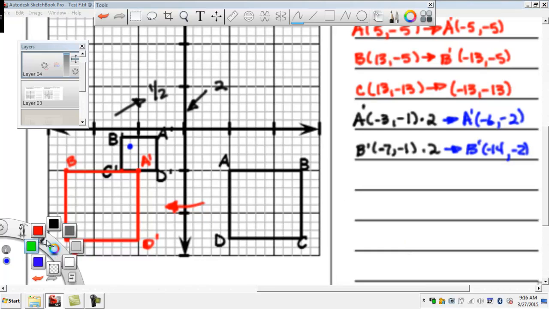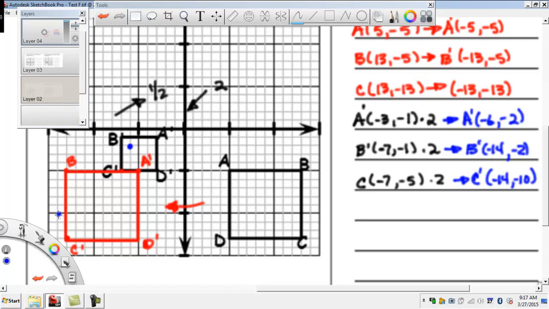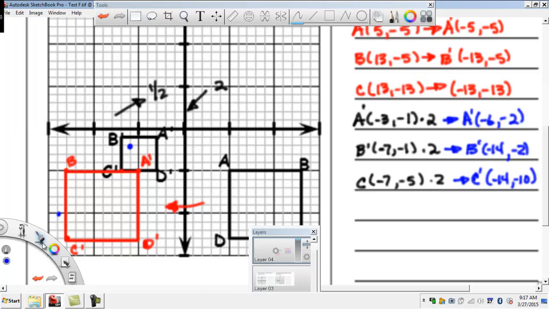And we will do C. This C is a negative 7, negative 5. I'll times that one by 2. And you see what happens to all of this? It's a negative 14, negative 10. C's at a negative 14, negative 10. B will be at a negative 14, negative 2.